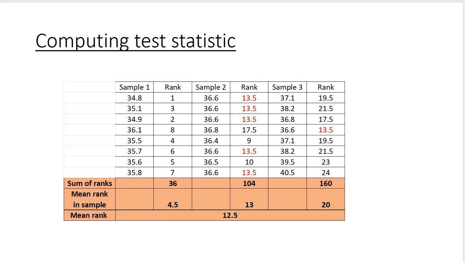Here we have ranks 1, 2, 3, 4, 5, 6, 7, 8, 9, 10, and the next higher body temperature is 36.6. So theoretically, you have 11, 12, 13, 14, 15, and 16.